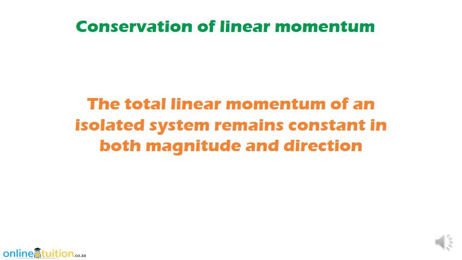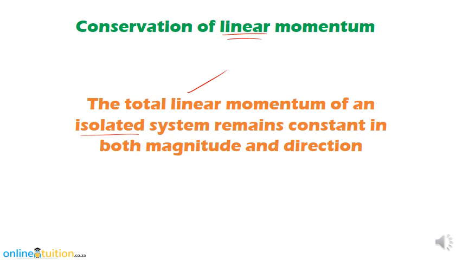Conservation of linear momentum. The total linear momentum of an isolated system remains constant in both magnitude and direction. Very easily stated. You can learn this without understanding it. So firstly, what is an isolated system? An isolated system is a system that doesn't interact with the rest of the universe. Isolated. So basically there's no external influence. That's essentially what we're saying. I would say linear because we also speak of angular momentum.